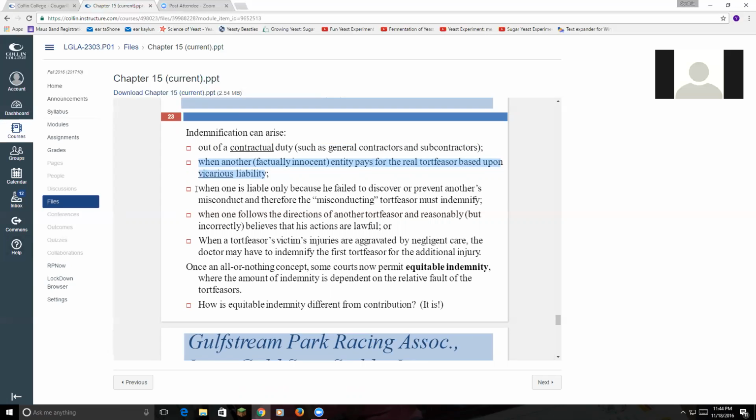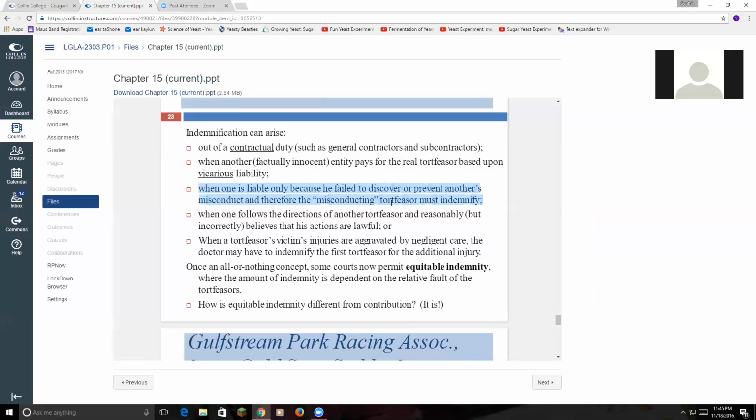When one is liable only because he failed to discover or prevent another's misconduct, the misconducting tortfeasor must indemnify. So really, in this case, the first tortfeasor's only tort was not stopping the misconducting tortfeasor, and the misconducting tortfeasor needs to indemnify.